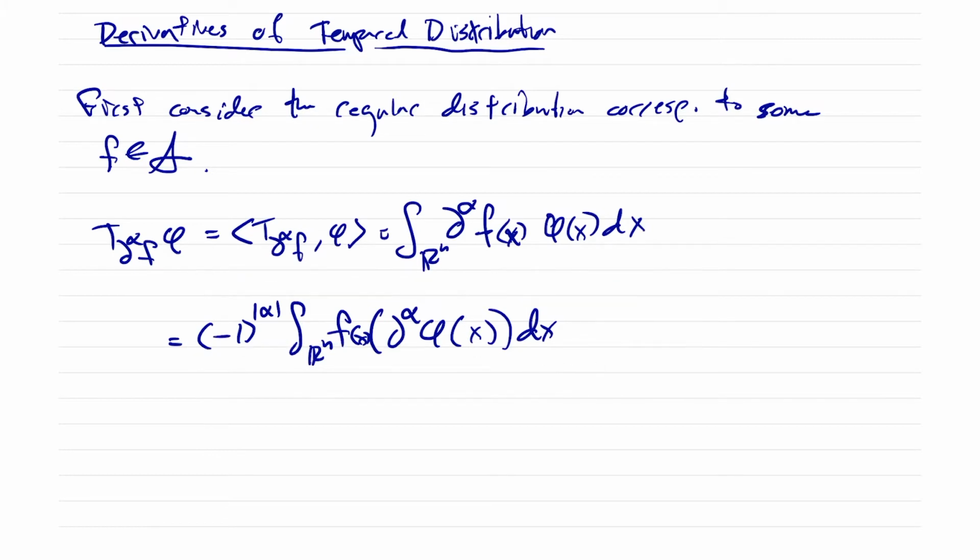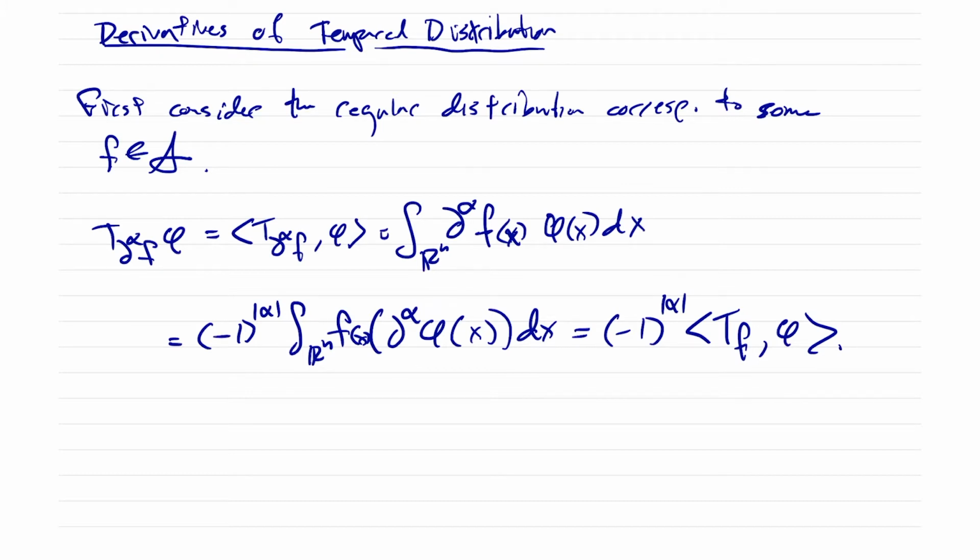That basically transports the derivative off of f and puts it on phi. And what is this? This is (-1)^|α| times <T_f, D^α phi>, right?